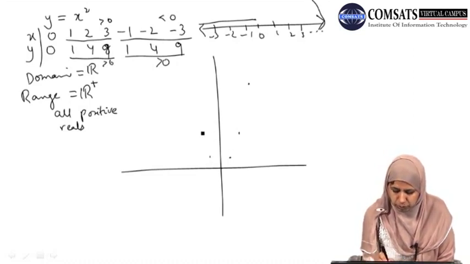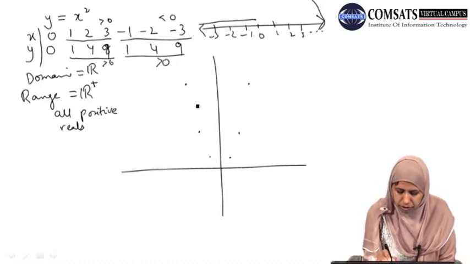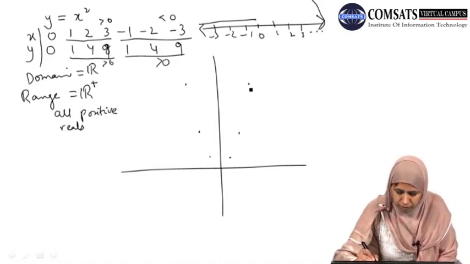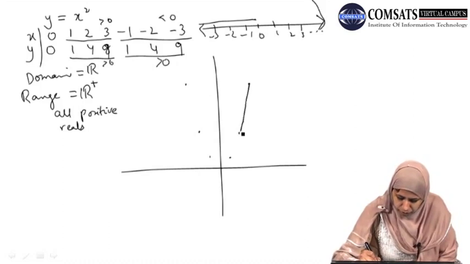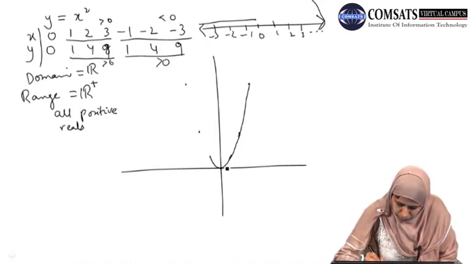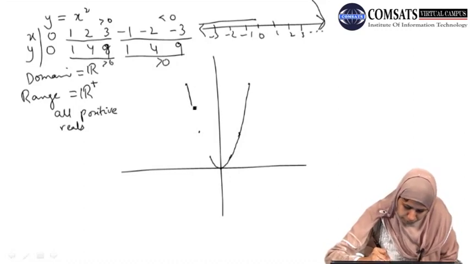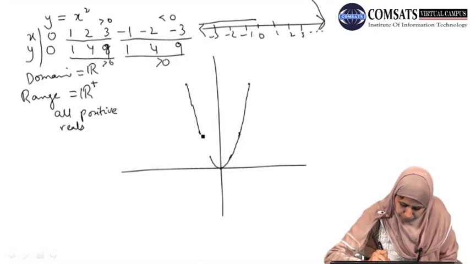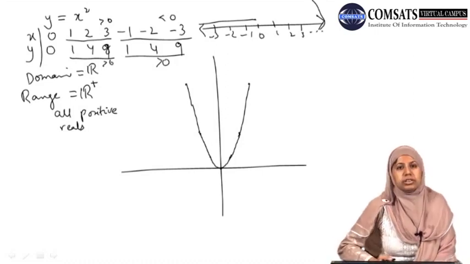X is minus 2, y is 4, minus 3, and 9. And then we will join these points, and this point origin is also included. We will join these points and we obtain the graph of our quadratic function.